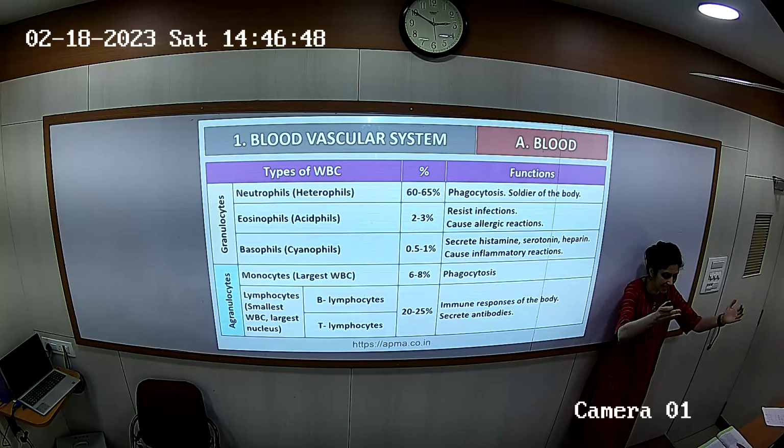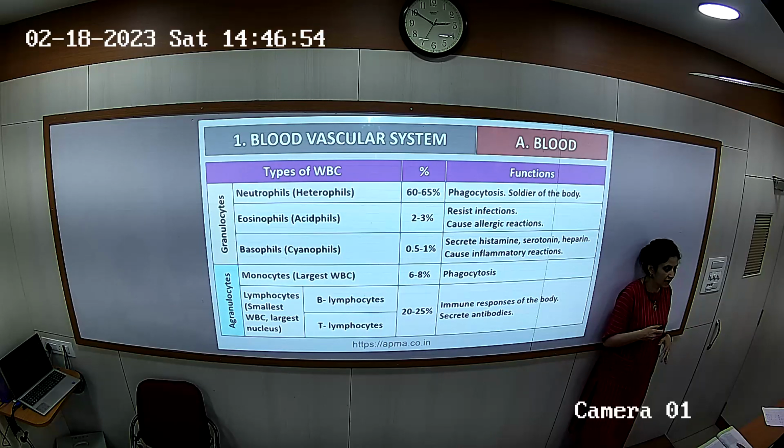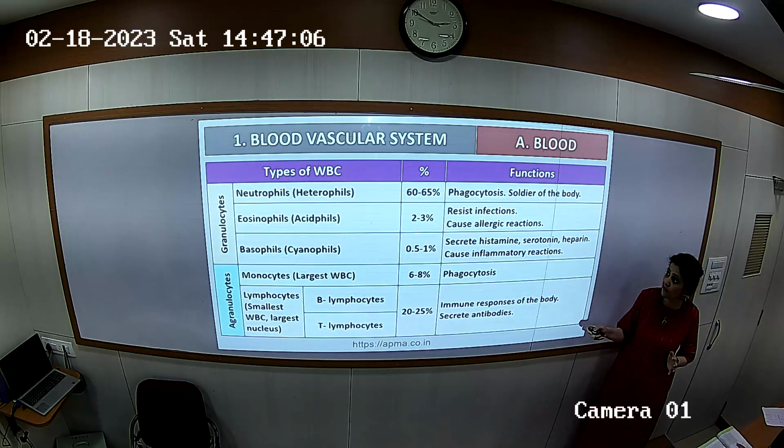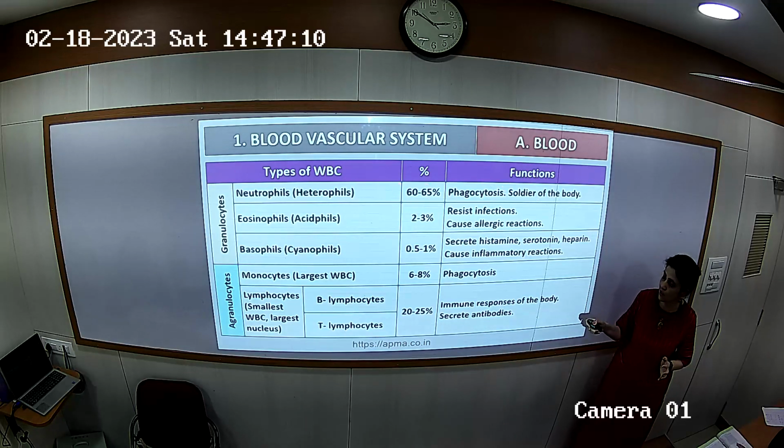So it will engulf it and then digest it using the enzymes. So digestive enzymes are present inside the cell. Okay, sometimes the cell itself also dies in order to do the phagocytosis function. Okay, so neutrophils are phagocytic cells. They are called the soldiers of the body.